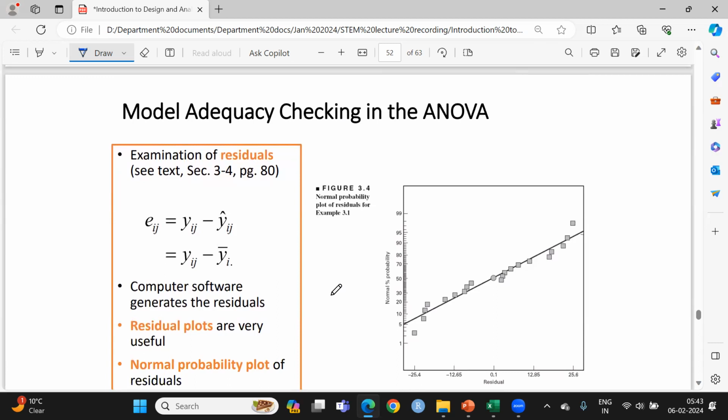For that, we first derive the residual. So what is a residual? That is the difference of each observation from its predicted value, because we have constructed one model.